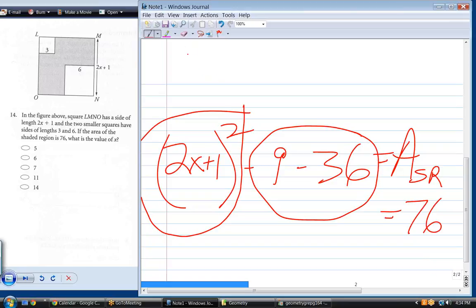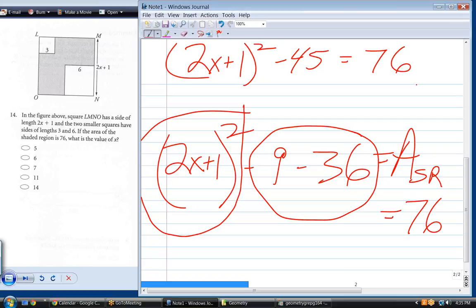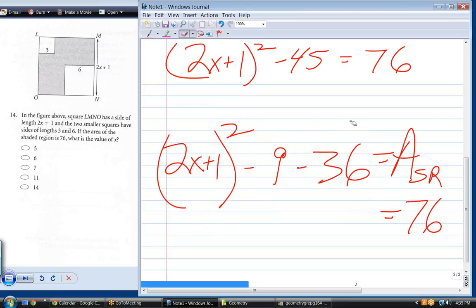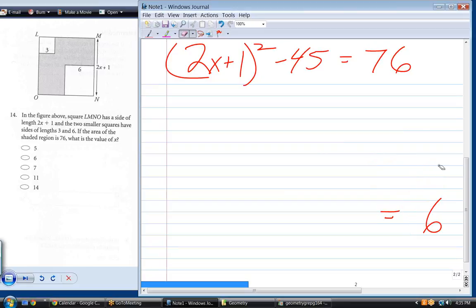So now I can write an equation: 2x plus 1 quantity squared minus 45 equals 76. So, as with most geometry problems, it always comes down to an algebraic equation you have to solve. All right. So let's solve this.